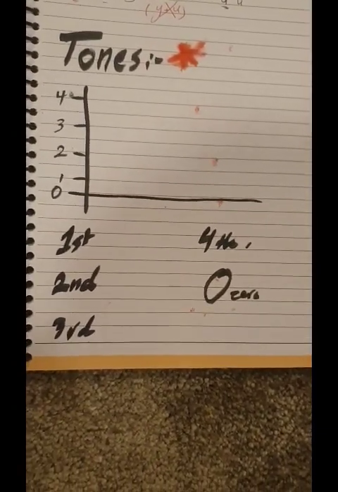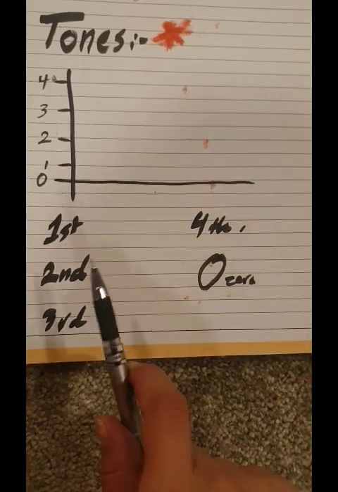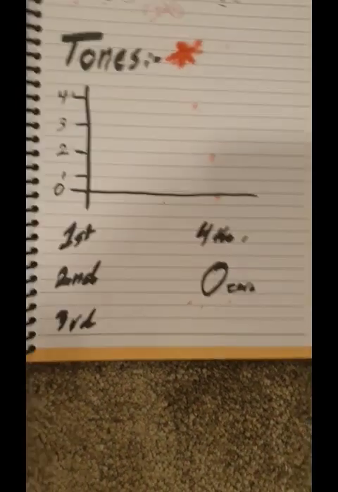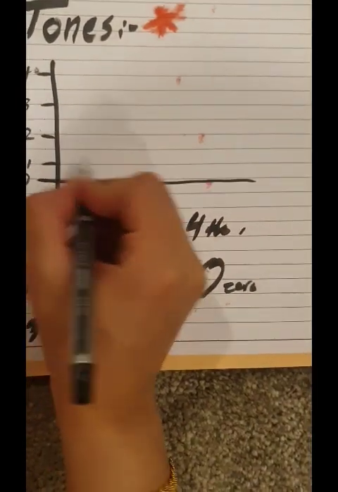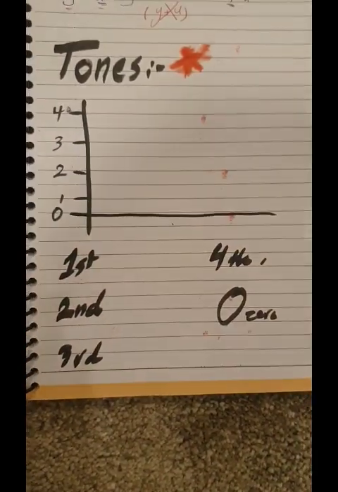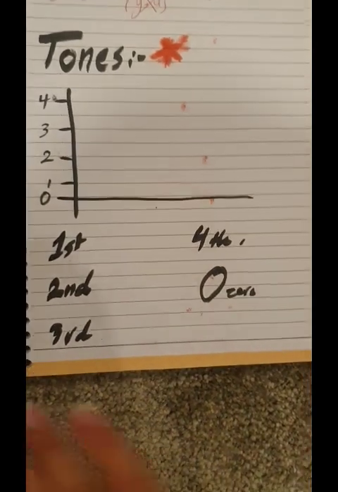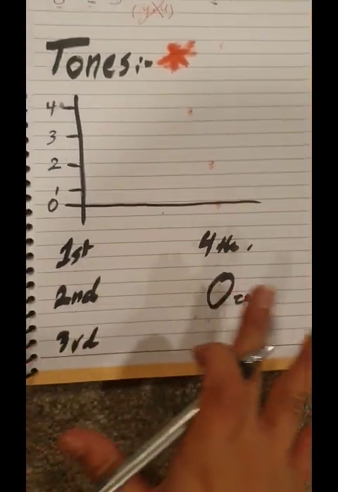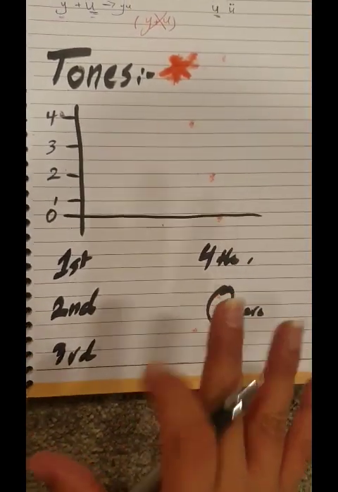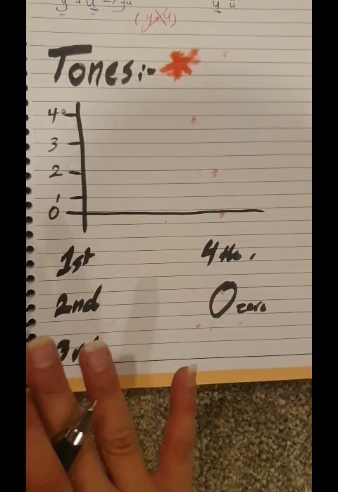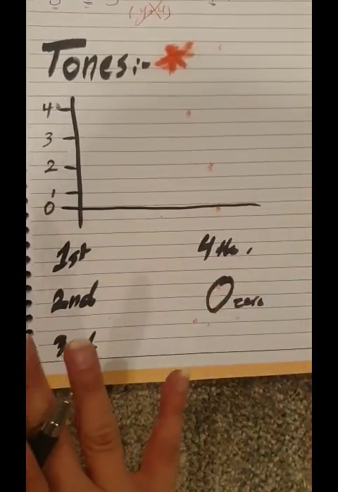Starting with the first tone. Imagine, guys, that this is your voice. I'm going to draw your voice going in a straight line. It's not going up. It's not going down. It's not going around. It's only one line.